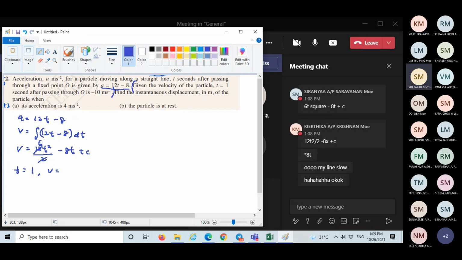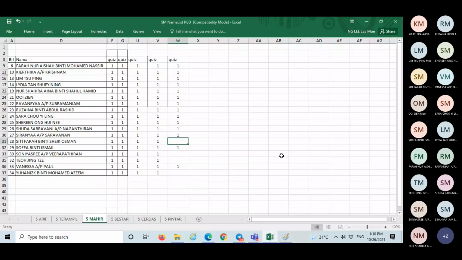V equal to negative 10. Okay, so t equals 1, v equals to? Negative 10. Can you repeat? Okay, negative 10. So based on that sentence, the condition you have to put is t equals 1, v equals negative 10.